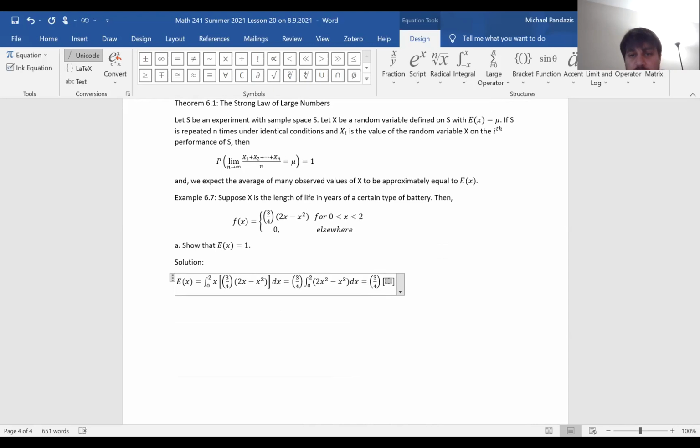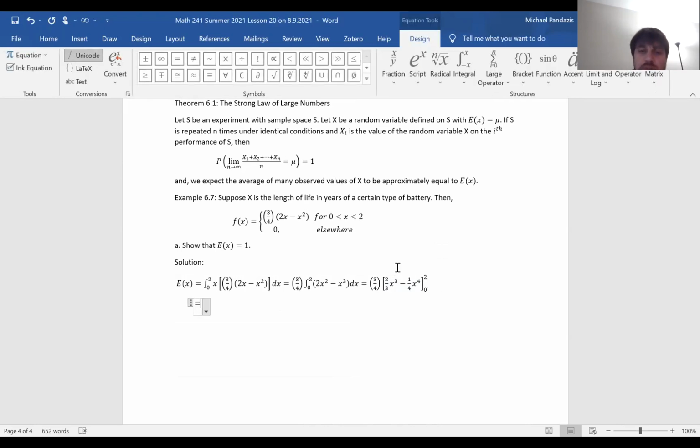An antiderivative of 2x squared minus x cubed is 2/3 x cubed minus 1/4 x to the 4th, evaluated from 0 to 2.